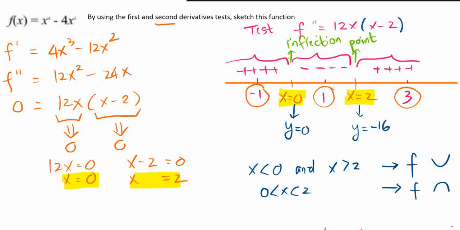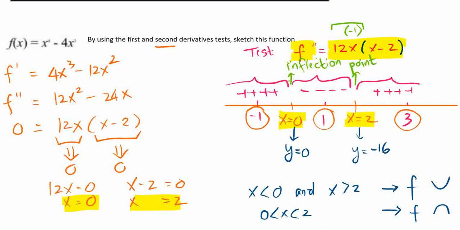Now let's check this out. We can test using this factorized form. Let me copy this one. When we plug in x equals -1, we put in here 12 times -1, which is -12, so it's minus.